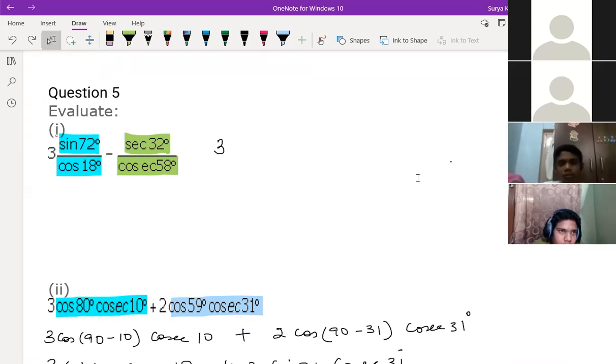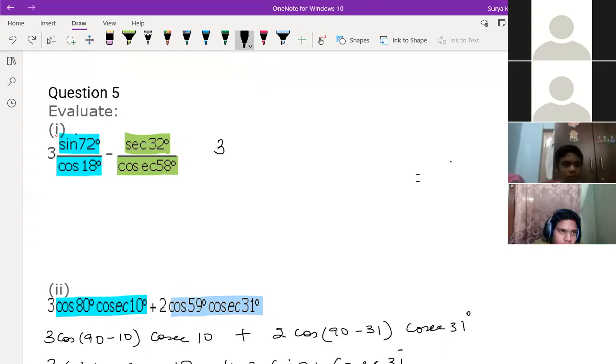You have to make pairs in such a way that on adding the degrees, you will get 90. Is it clear, Praharshan? Yes. That much you just remember. We are least bothered about sec and cosec and all. In complementary angles, we are bothered about angles, which two angles sum to 90 degree.